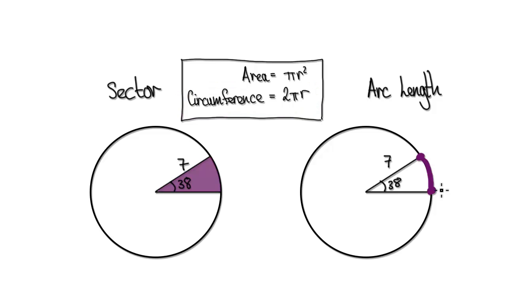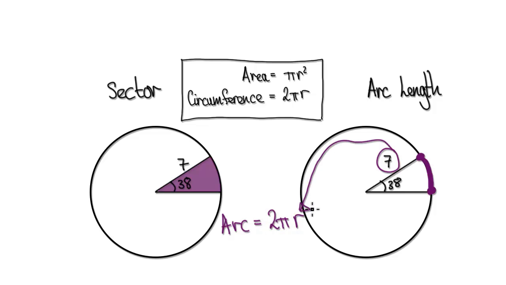To work out the arc length, you use the circumference. You work out this whole length, which will be 2 pi r, and then you put the radius into the r.